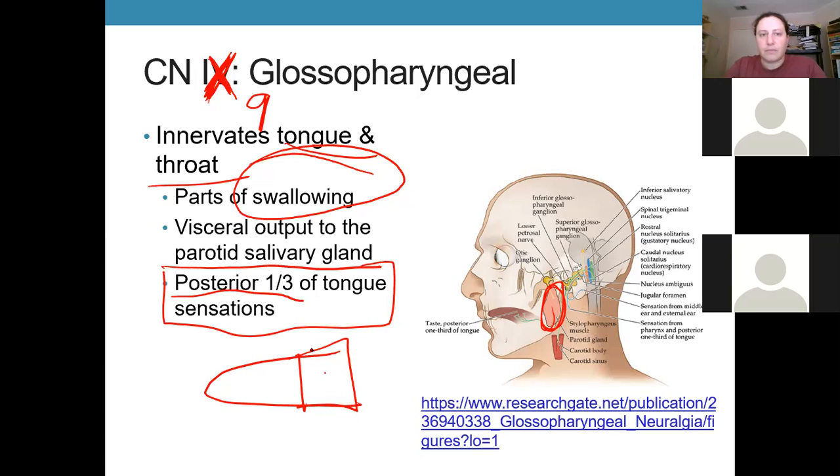Okay, so that's what the glossopharyngeal does, and that's why it's named that too, because remember that glosso refers to tongue, and pharynx is basically your throat. So because it's got to do with things in your tongue and throat, it was just named descriptively for that.